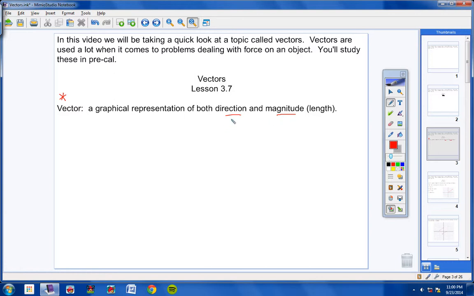You see, a vector has two components to it, direction and magnitude. And by the way, when we're talking about magnitude with vectors, we're talking about length, okay? Length or magnitude is the same when you're talking about vectors, all right? I'll wait just another second while you copy this down.